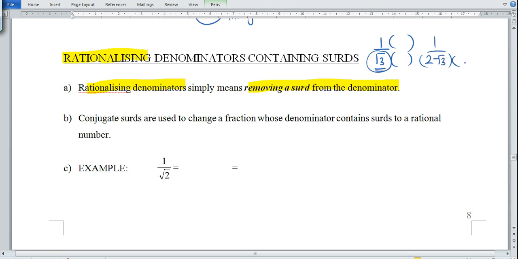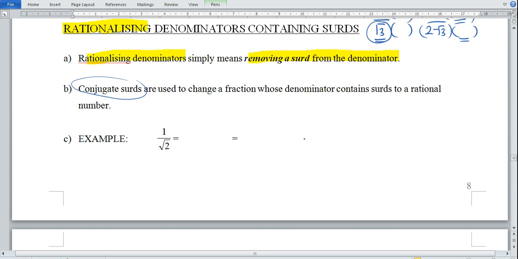And I have to multiply something on top and below such that the surd at the denominator can be rationalized. So what exactly is the trick that we're going to use in order to remove the surd from our denominator? It is to apply conjugate surds.